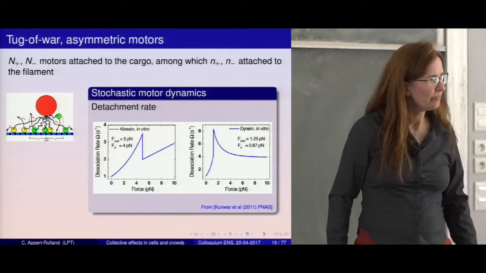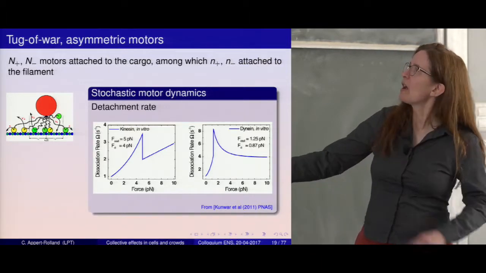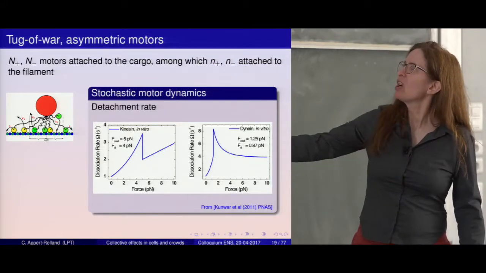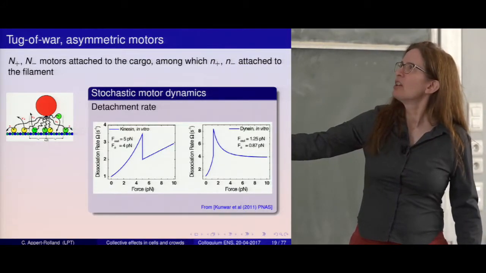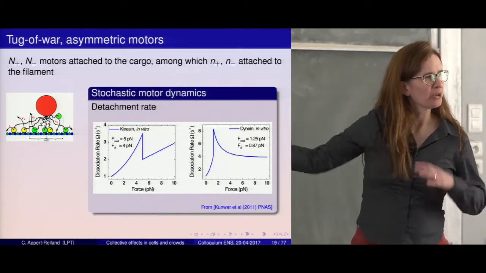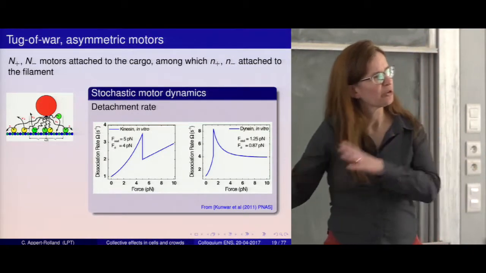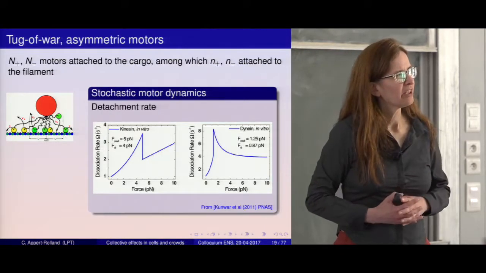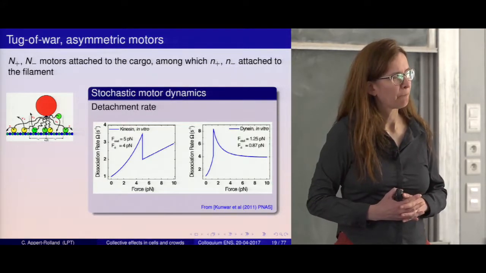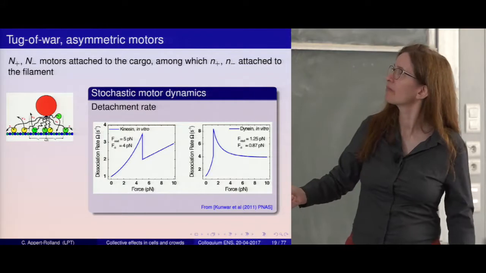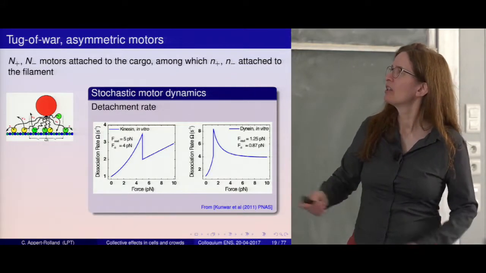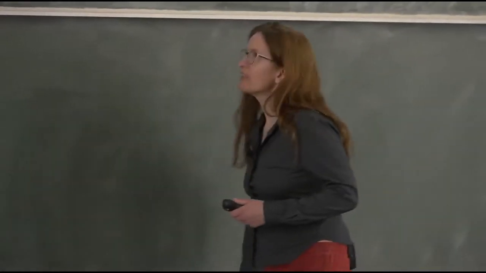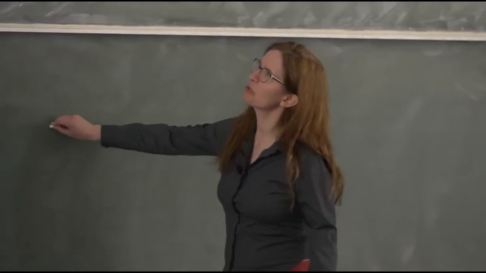Sorry, I missed something. What is the difference between the two? I understand the graph, but what is going on in the two cases? Kinesin is a type of motor going in one direction, and dynein is a type of motor going in the other direction. Is that your question? No, I'm missing what physical situation these two graphs represent. Is it that you have more motors of one type than the other? No, typically it's an in vitro experiment.